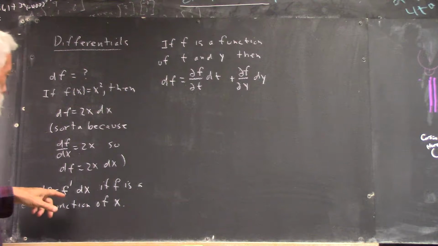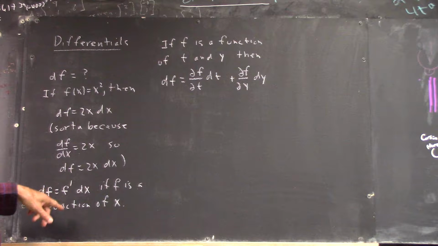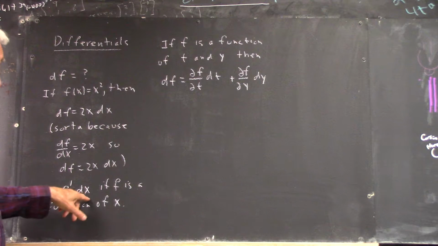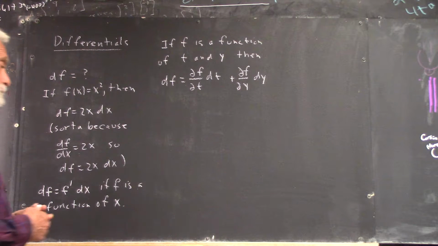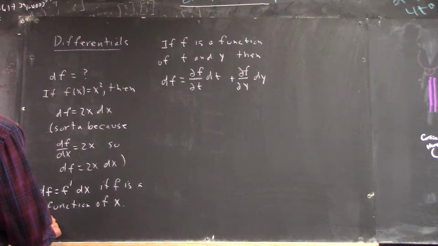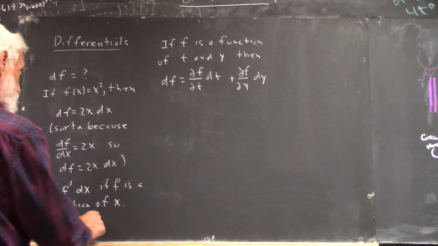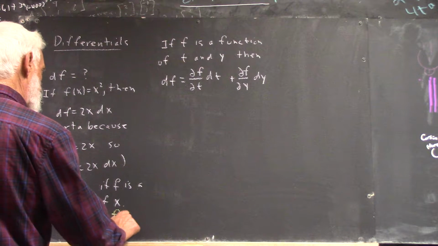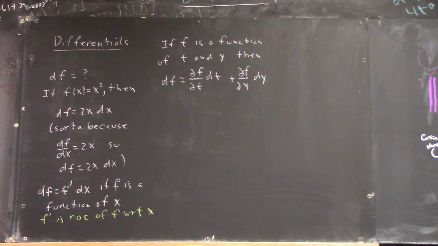Now, we could think of f prime. f prime is the rate of change of f with respect to x. You take the rate of change of f with respect to x, multiply by the change in x, and you get the change in f. Okay? And that's probably worth writing down. ROC for rate of change of f, WRT with respect to x.